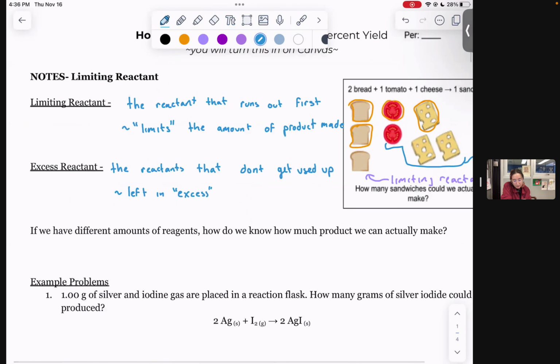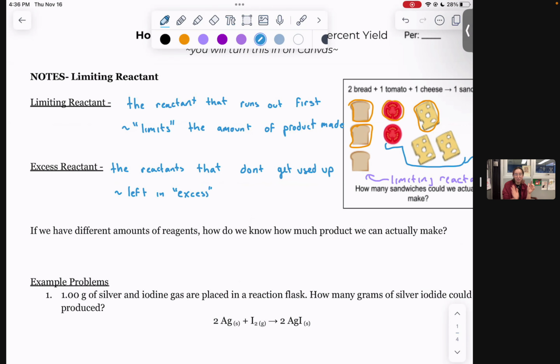So the way I'm going to suggest you approach these problems, other people have different strategies, but the way I like doing these is just doing a stoichiometry problem, those calculations where we figure out how much of one substance you can get with this much of a different substance. Just do those calculations with regard to each reactant.